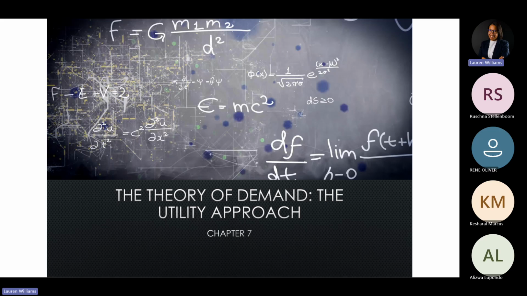And in understanding the law of demand, you must be willing and able. You can't just demand a product, you must have the means to actually purchase said product. And then it's tied to consumer satisfaction, meaning consumers will not purchase a product if it's not going to give them some level of satisfaction.